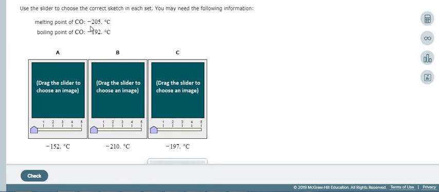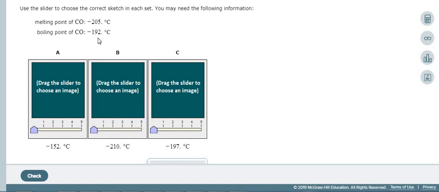When it becomes a liquid state, which is between minus 205 and minus 192, then there is less order to it. We know liquids still assume the shape of the container that they're in. And then finally, when things go into the gas phase, there is no long-range order to that.